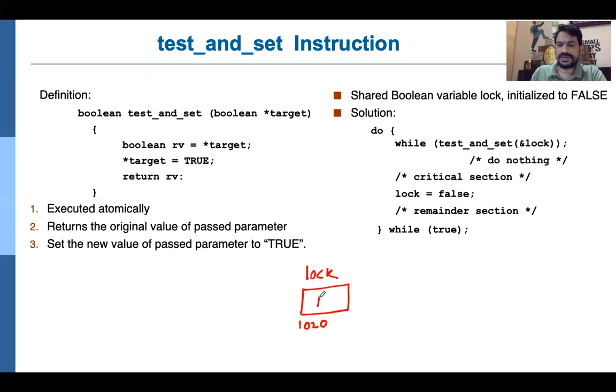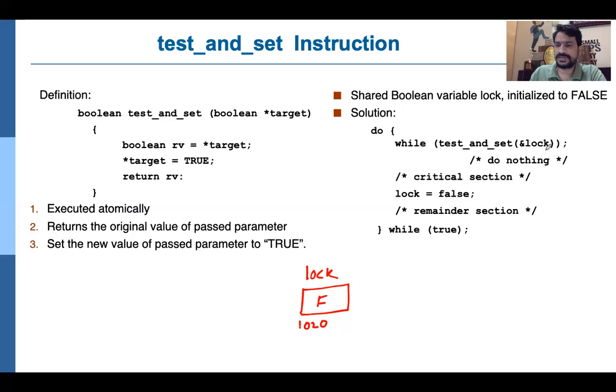The first value is false because it is initialized with false. Now let's go to this loop. It says while test and set ampersand lock. Ampersand lock means the address of lock we are providing here. So what is the address of lock? 1020. So 1020 will be provided to this particular function, right?